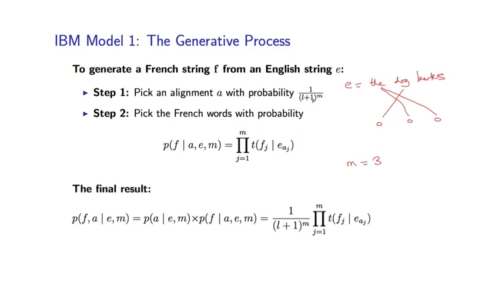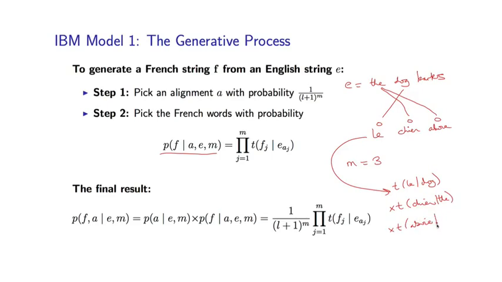Having done that, we then fill in the French words with a product of probabilities. So we might, for example, choose these 3 words. And this part of the expression would have probability T of le given dog times T of chien given the times T of a boy given the.